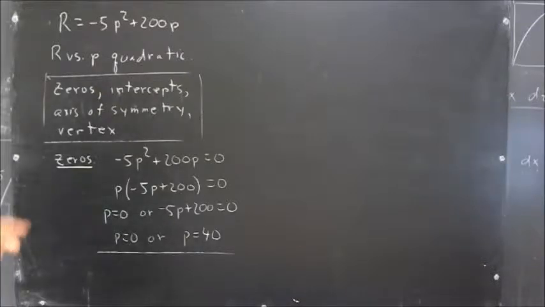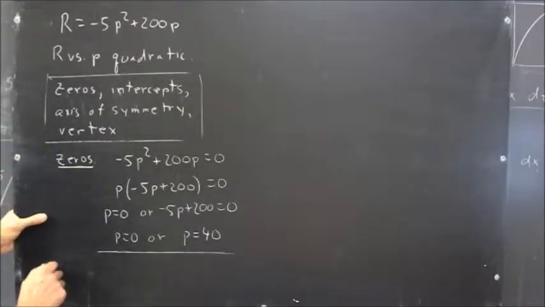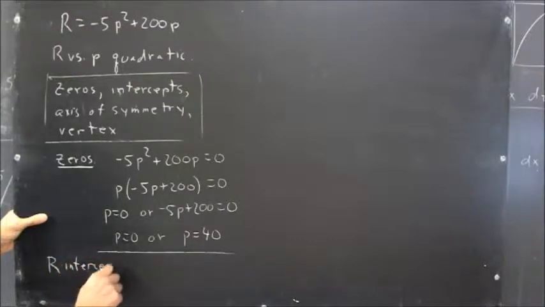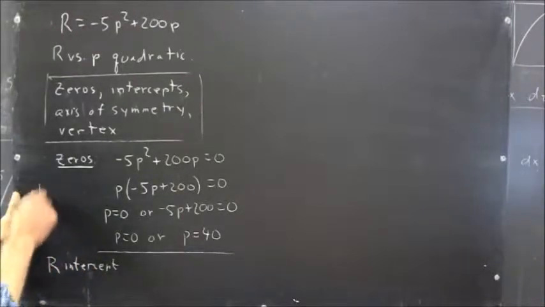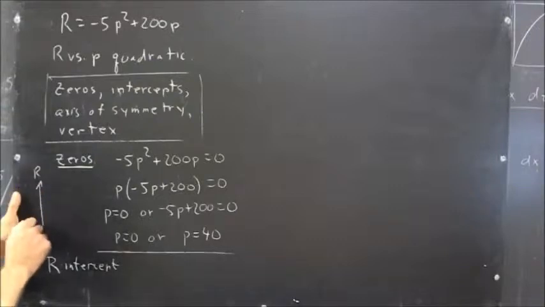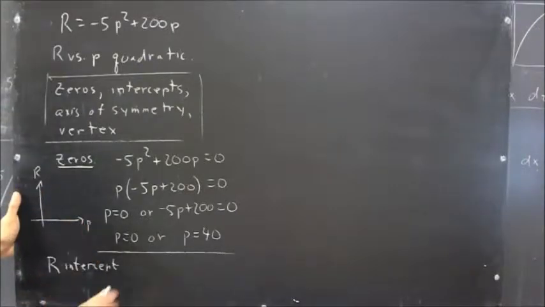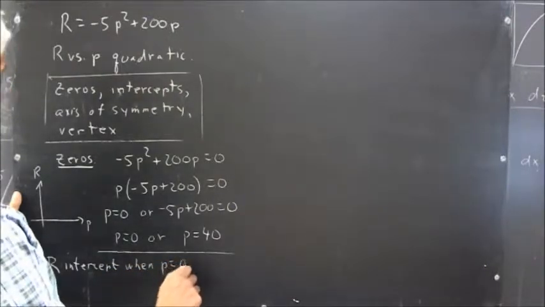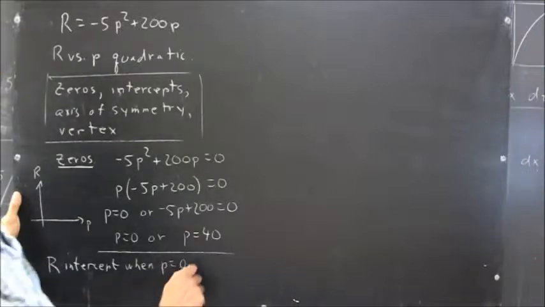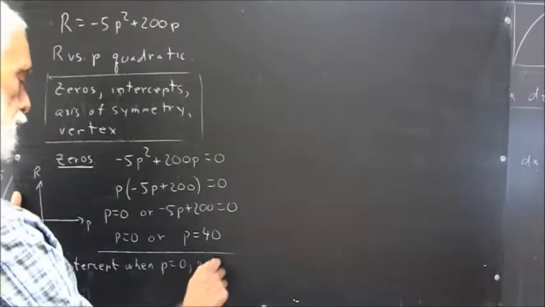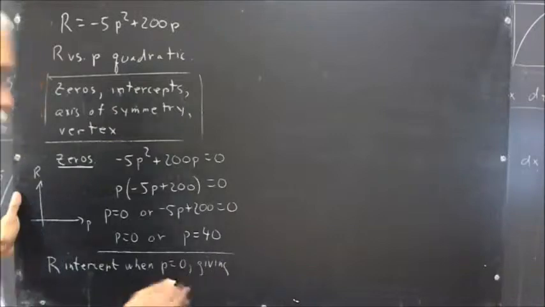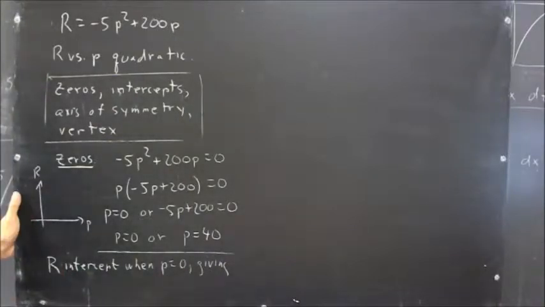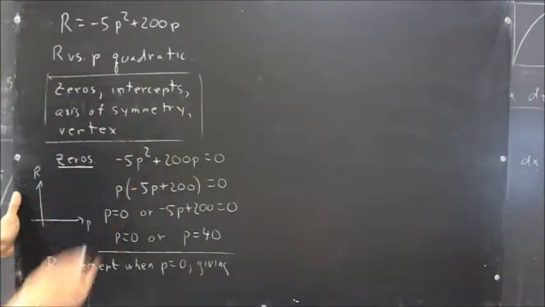The intercepts, the y-intercept, or the r-intercept, and remember we've got a graph of r versus p. The r-intercept is when p equals 0, giving us what? If p equals 0, what is r? Pause, do that before I point it out.